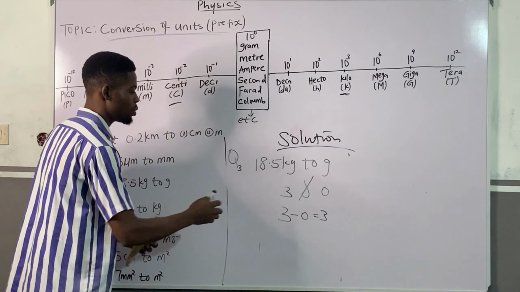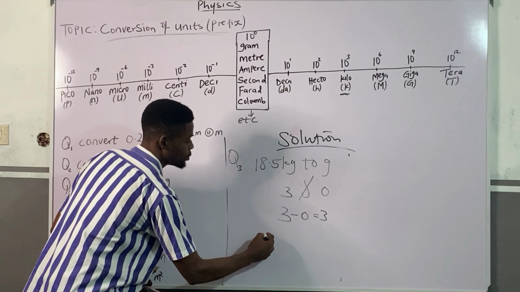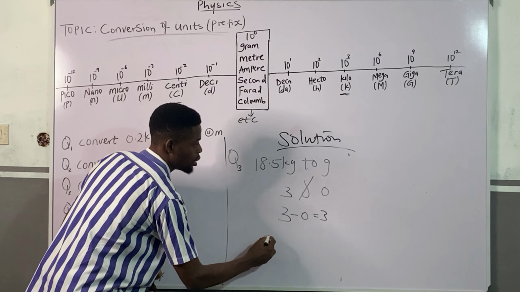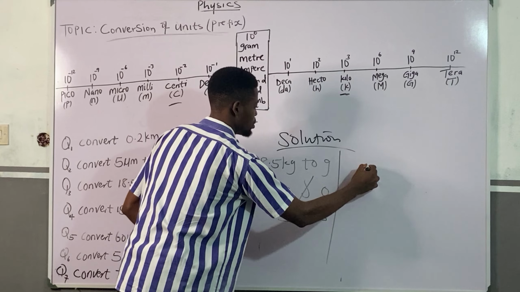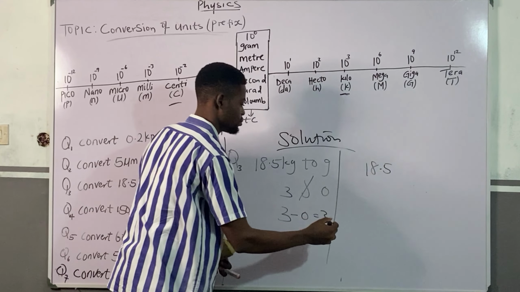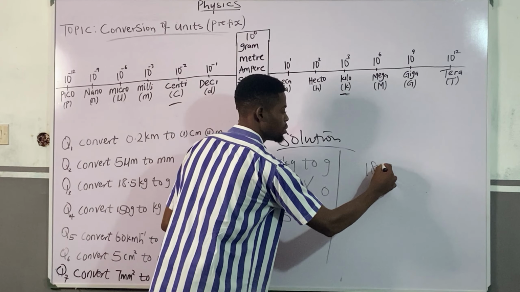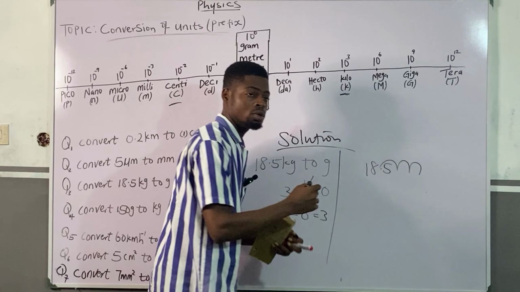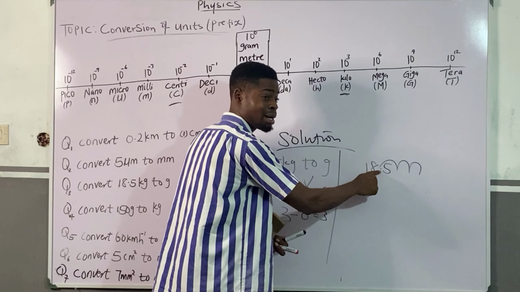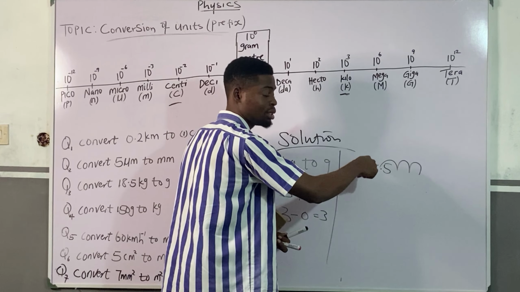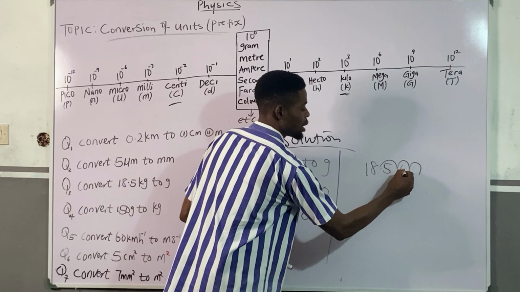Okay, so here we are having 18.5 moving 3 times toward the right. 1, 2, 3. You are going to move from the decimal point, please. This is our decimal point here, so we are moving 3 times from the decimal point, not from the beginning. Okay, so we insert our 0 here.